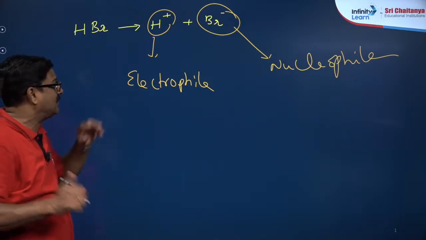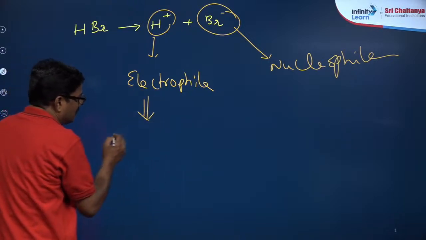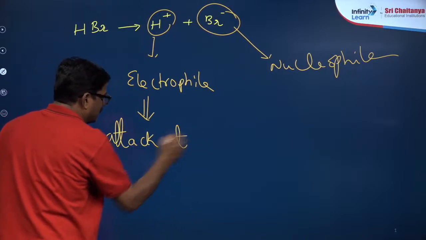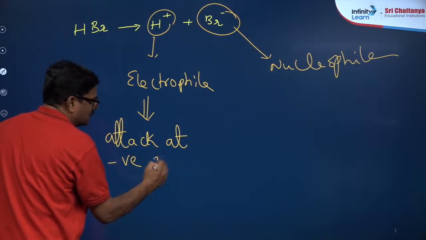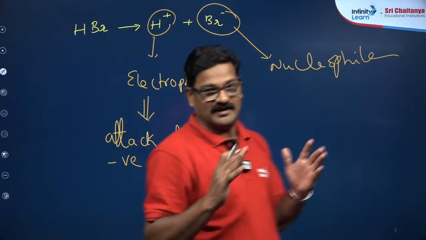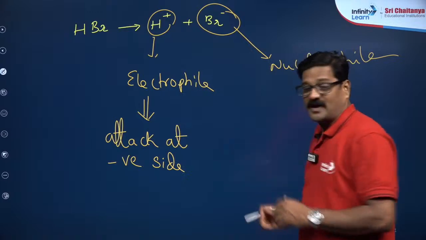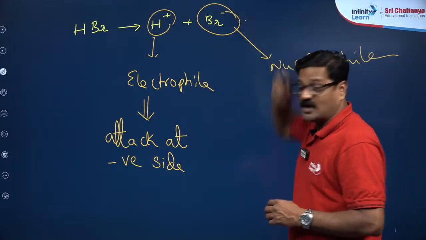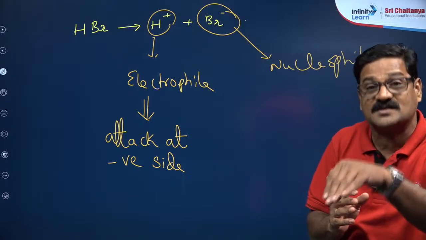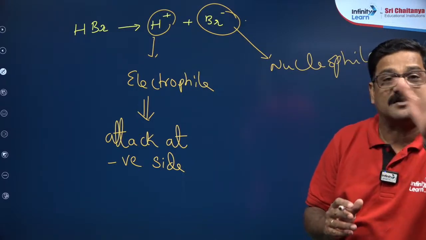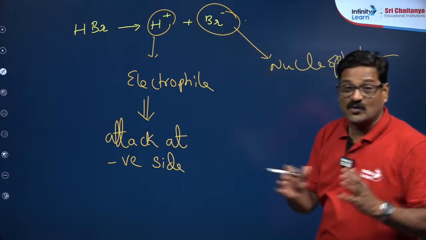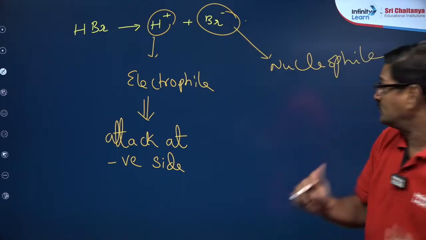So it attacks at a negative atom or negative group or negative side. And nucleophile, this is a negative charged one, so that it attacks a nucleus side. Nucleus का charge क्या है? Positive charge है. So this is a species which attacks at a positive charged carbon.